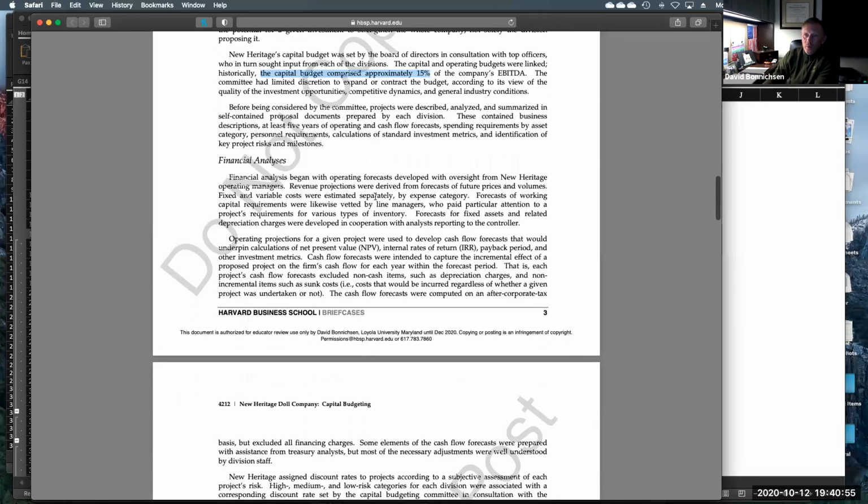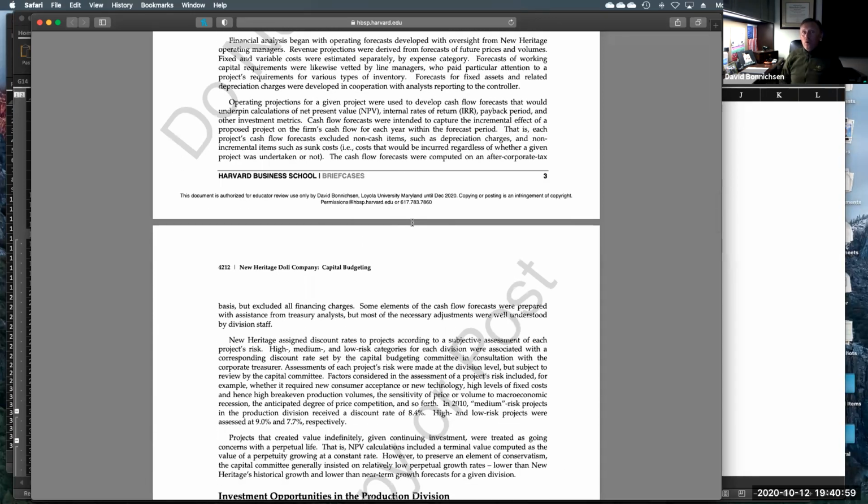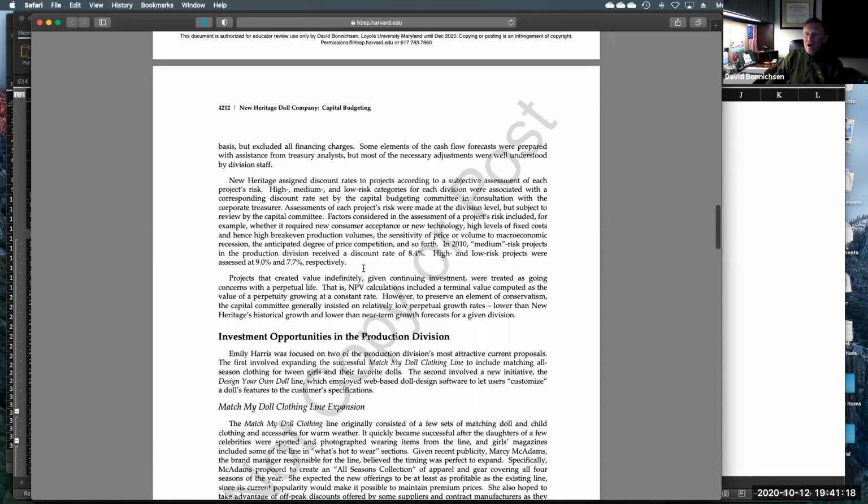When we get into the financial analysis, they talk to you about how they go about evaluating projects. They look at calculations of net present value, calculations of internal rates of return, payback period, and other investment metrics, aka profitability index. It goes through how they assess what discount rate to apply to varying levels of risk projects.